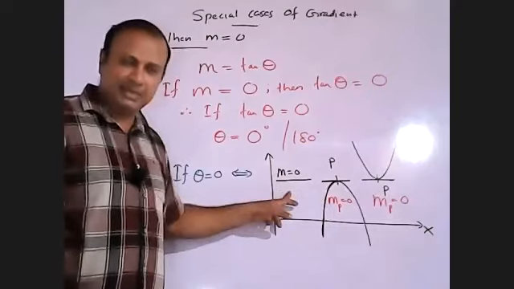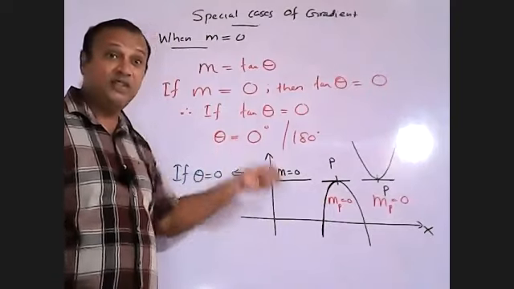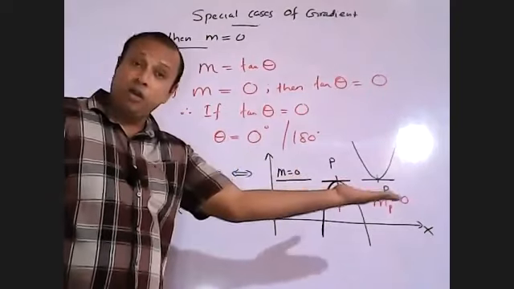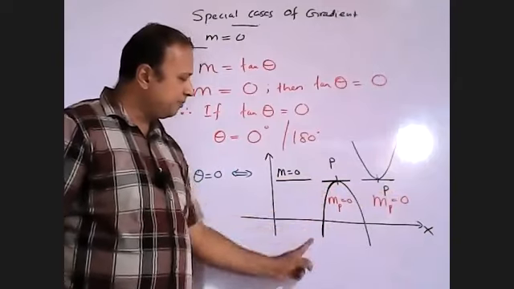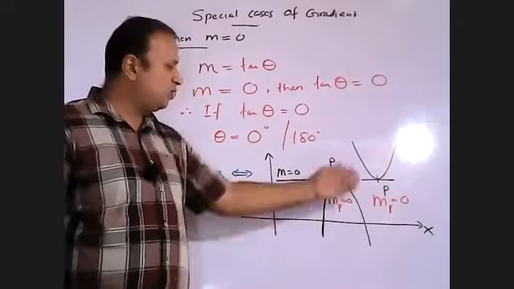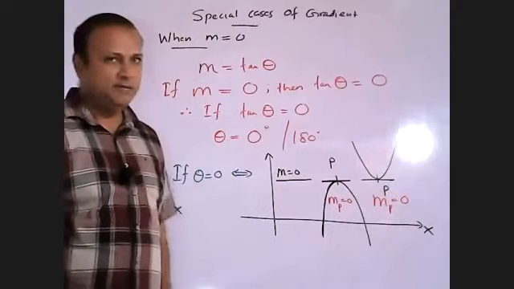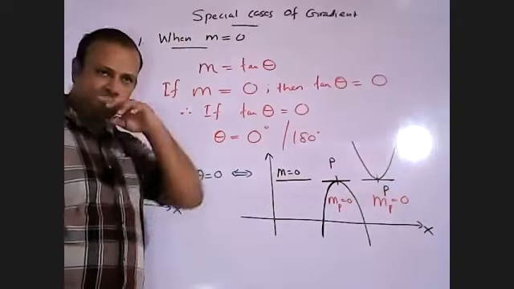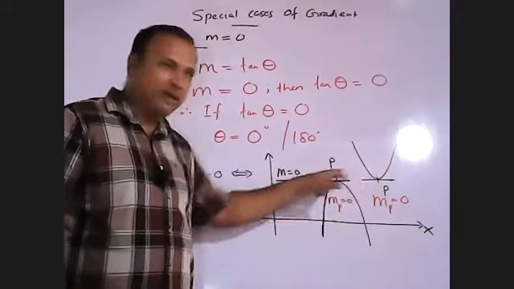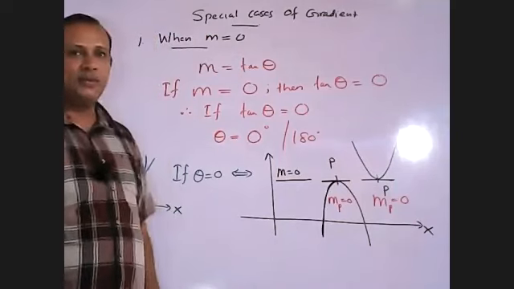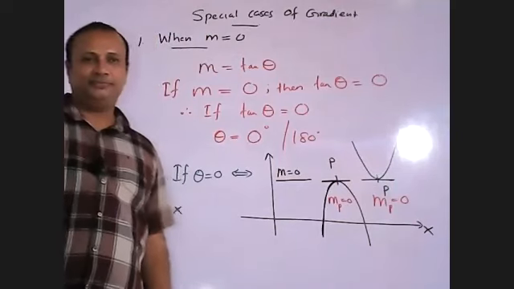One is a straight line, which should be parallel to the x-axis. Otherwise, it may be a maximum or minimum. At this particular point, the tangent is parallel to the x-axis.